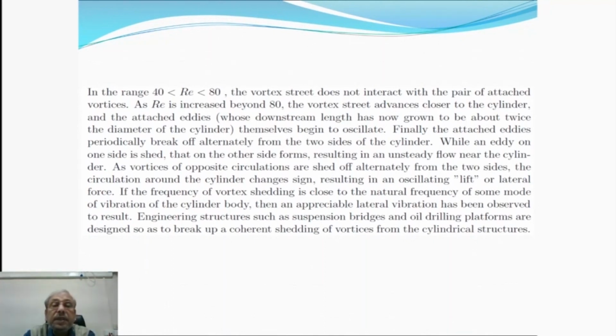As the Reynolds number is increased beyond 80, the vortex street advances closer to the cylinder and the attached eddies, whose downstream length has now grown to be about twice the diameter of the cylinder, themselves begin to oscillate. Finally, the attached eddies periodically break off alternately from the two sides of the cylinder.